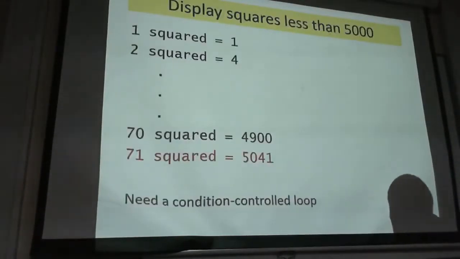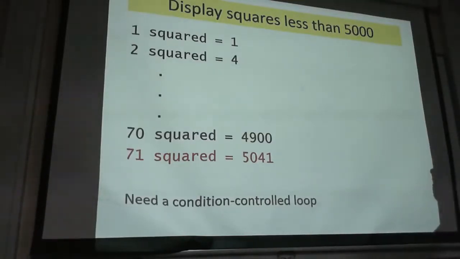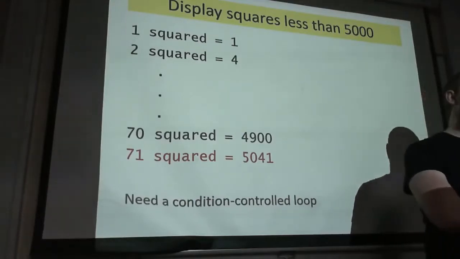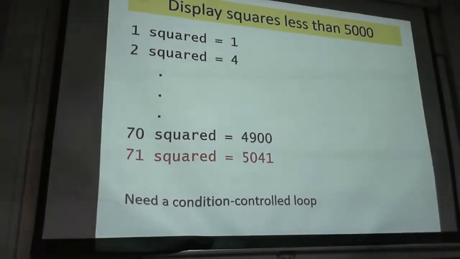So here is a slightly more complicated problem. I want to display all of the squares that are less than 5,000. What we're looking for is the square of a number, so that number multiplied by itself, and what we're doing our evaluation on is the result.